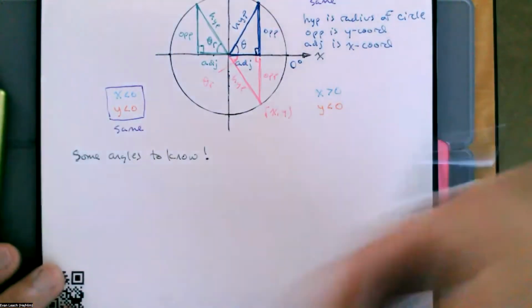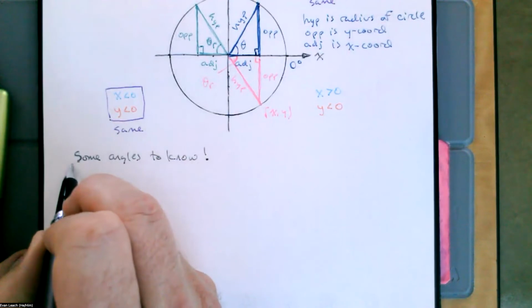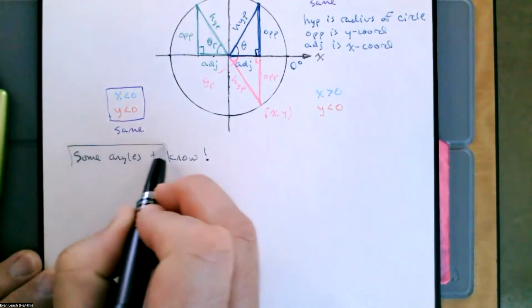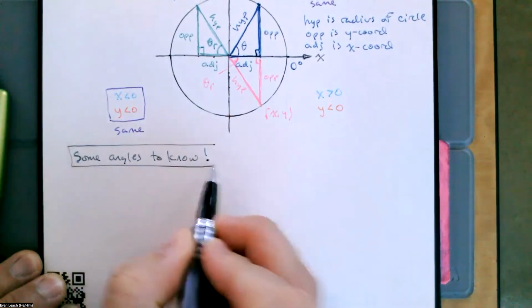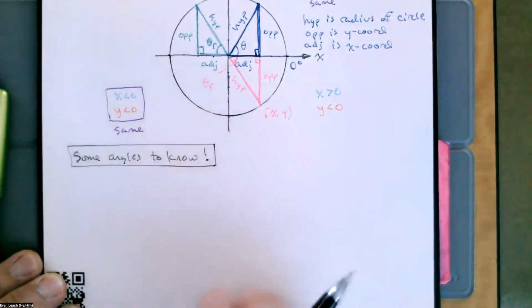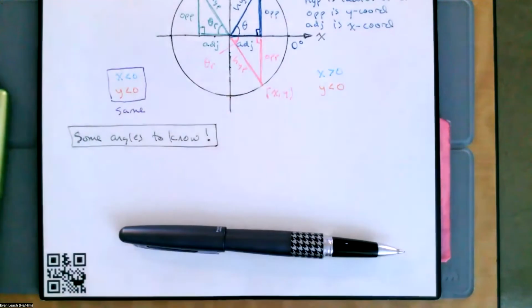There are some angles that we just need to know. There are some angles that we're going to have to recognize. And we're going to have to know the trig values of all these angles. And we're going to have to know these trig values in all four quadrants.